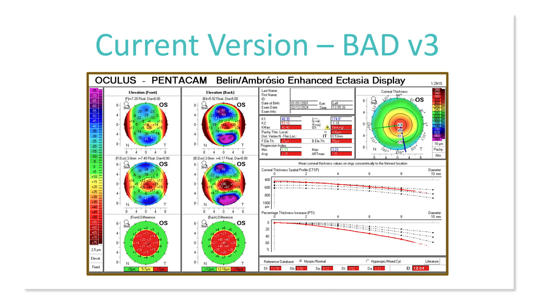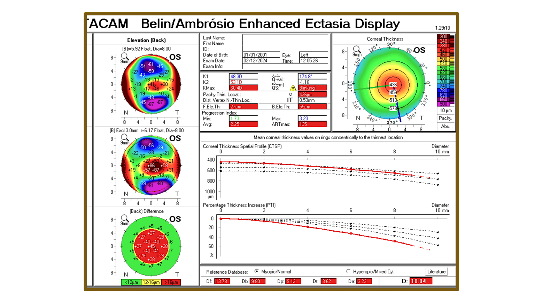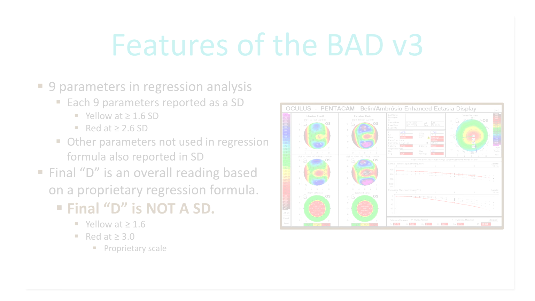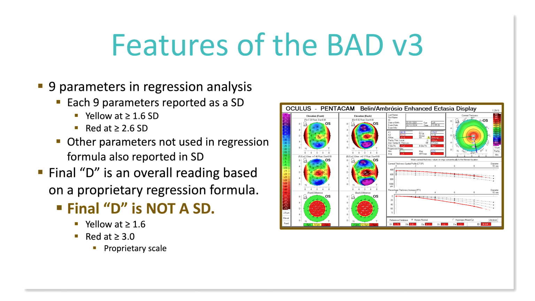What you'll notice going from version 2 to version 3, and I wish my pointer worked, we've added that box over here, the elevation at the thinnest point, both anterior and posterior, which were not present on version 2. So version 3 has 9 parameters in a regression analysis.